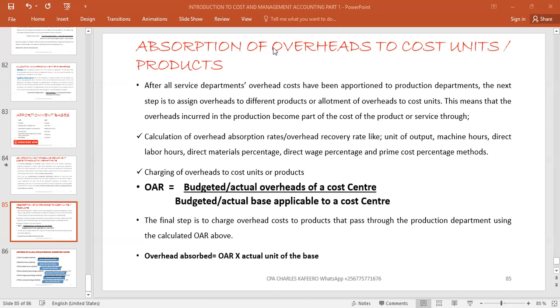That causes under or over absorption of overheads, and we are going to see them in the next video: the accounting treatment, how they affect the profit of the company in terms of over and under absorption, and some of the causes.